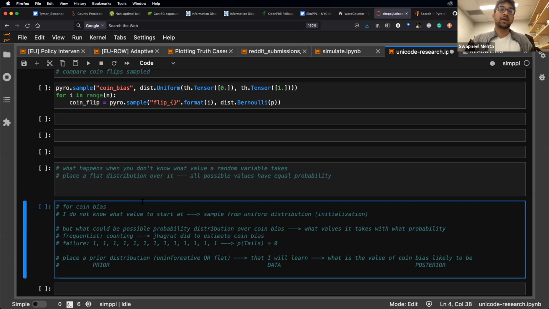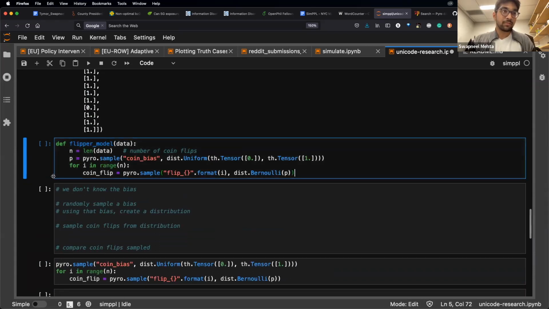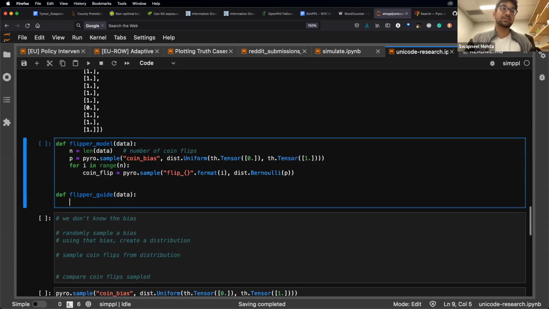Okay. In order to do this, for probabilistic programming, you need to place this prior on the parameter, and then you need to get the posterior out, right? The way you place this prior is using a function that is called a guide function. Write this here. def flipper_guide, which has the same call signature as the model.